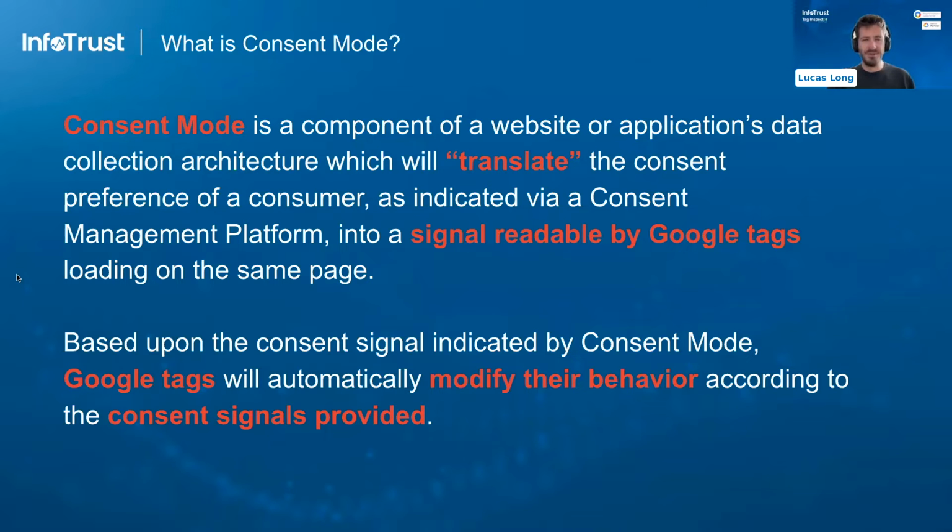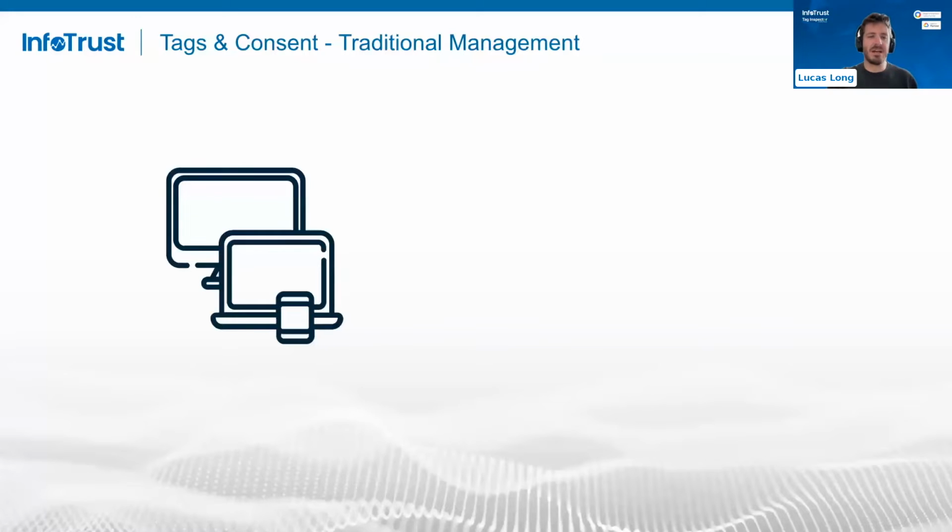First, let's think about how traditional tags and consent management would work in relation to a user's consent. Traditionally, a user comes to your website or application and is presented with a consent banner. The consent management platform is there, the user is presented with accept or reject, and the user makes a decision.